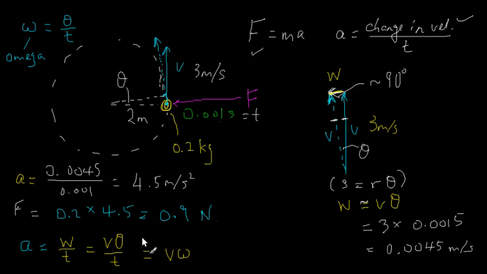And if I look at the force, force is mass times acceleration. So if I just take F equals ma, mass times acceleration, and acceleration is v omega, then ma is equal to m times v omega.